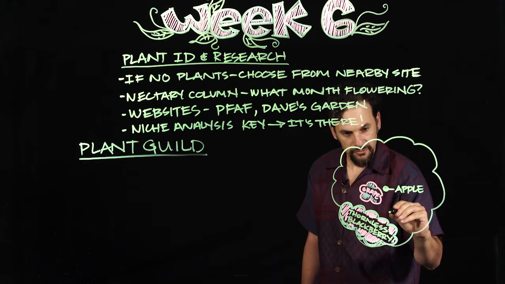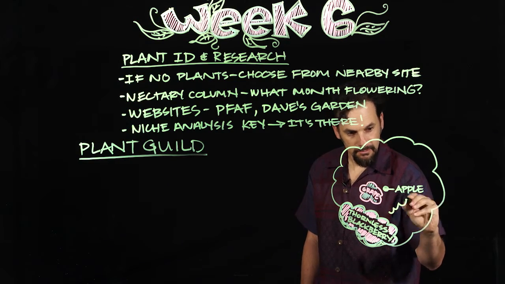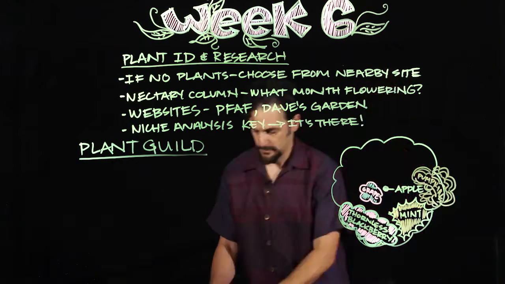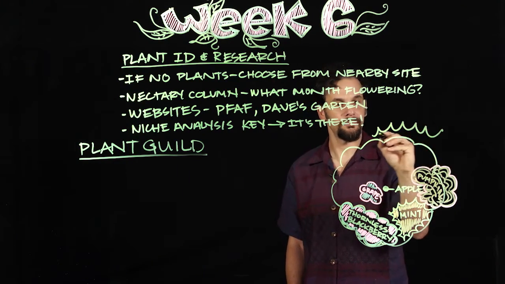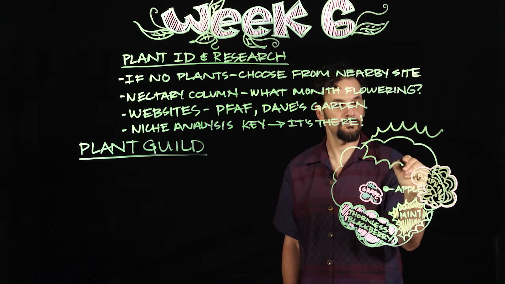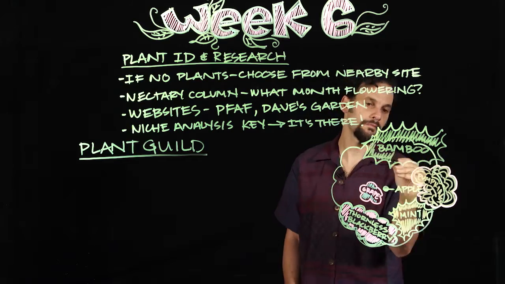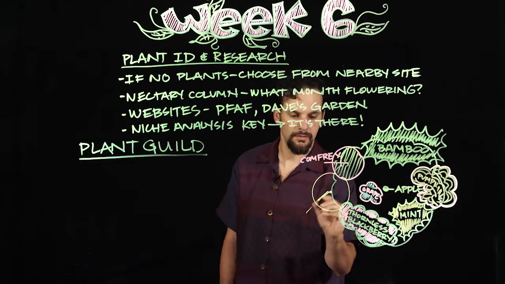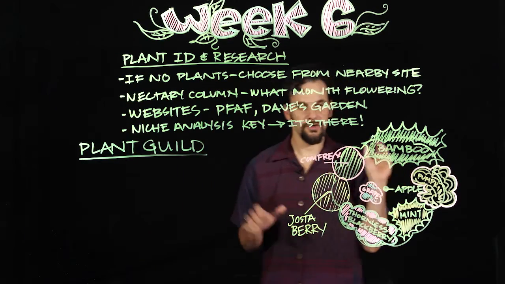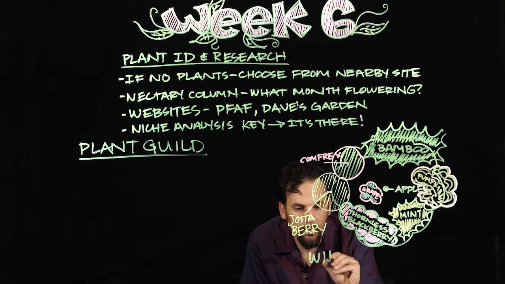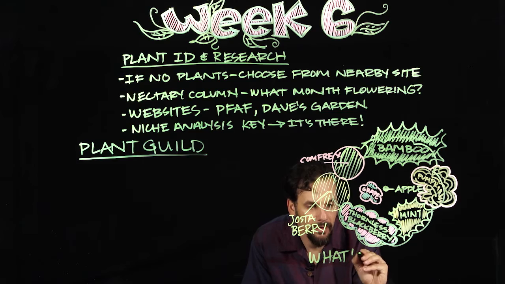Here we have a patch of mint. Here are pumpkins. Here we have bamboo, comfrey, jostaberry. So the question is, what is wrong?